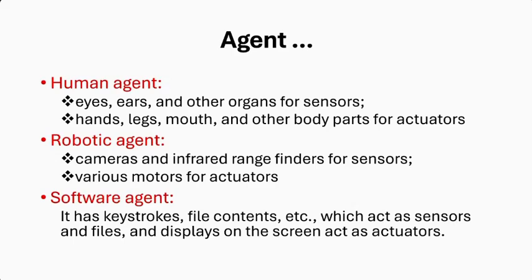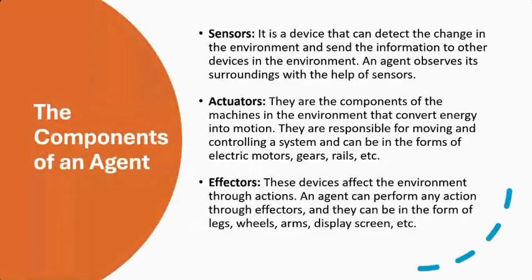So lahat yan ay napapaloob as agent. May mga components yan gaya ng nabanggit natin kanina, yung sensors, actuators, and the other one is what we call effectors. Sensors are devices that can detect changes in an environment. Take note of the word environment. And they send the information to other devices in the environment. An agent observes its surroundings with the help of sensors. Okay?